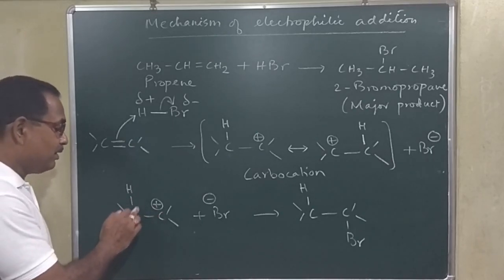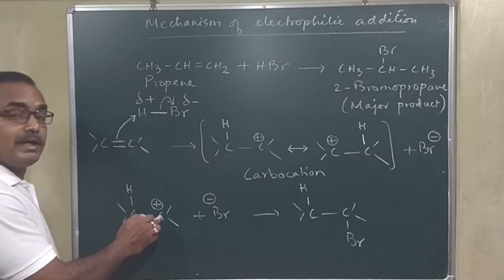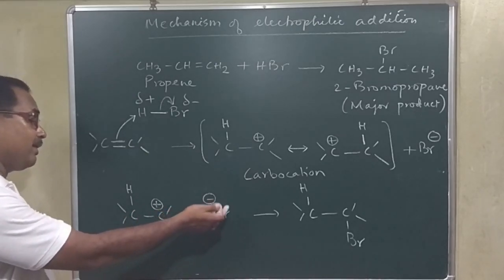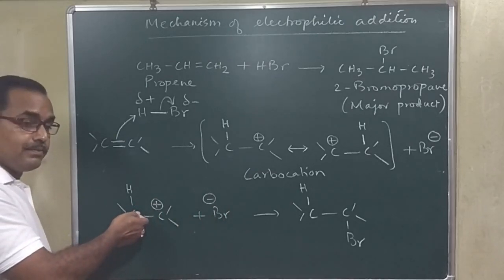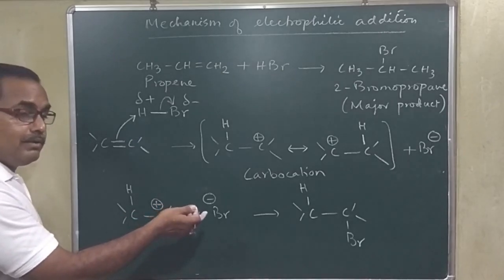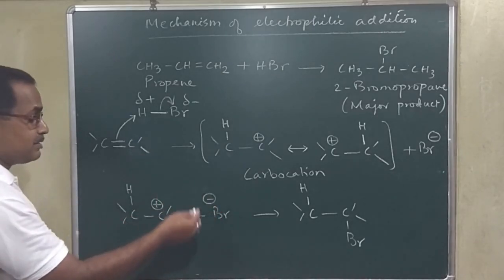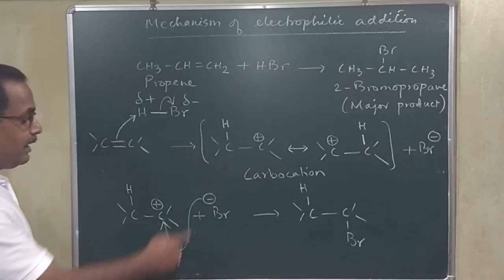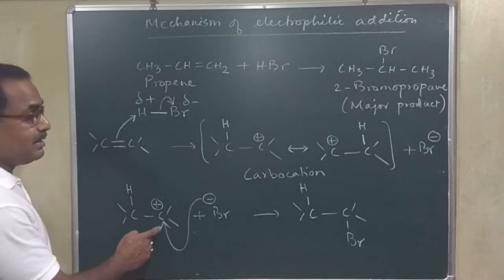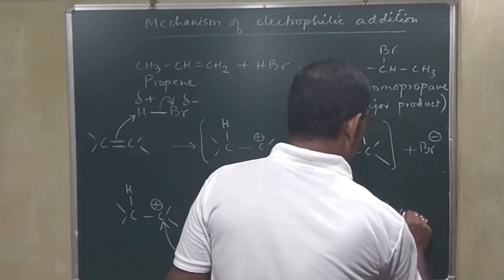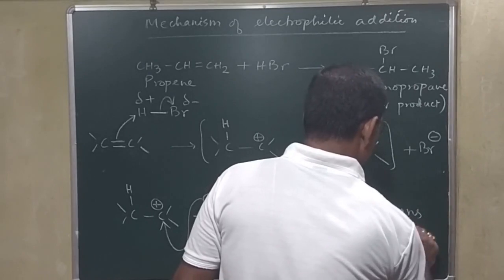The hydrogen may bond simultaneously to this carbon and also to this carbon. In that case, bromide ion cannot attack from the upper face. Is it clear? So what will bromide ion do? It will attack from the opposite face. So the arrow should be placed like this. This type of addition is called what? Remember, trans addition.